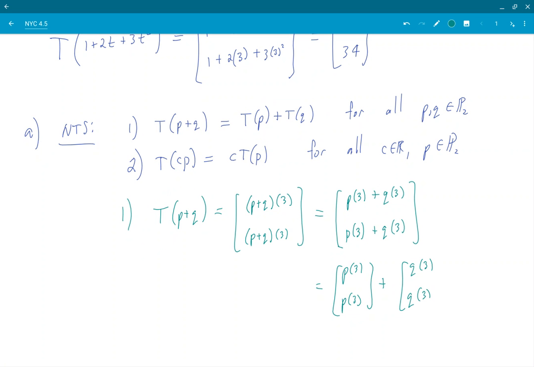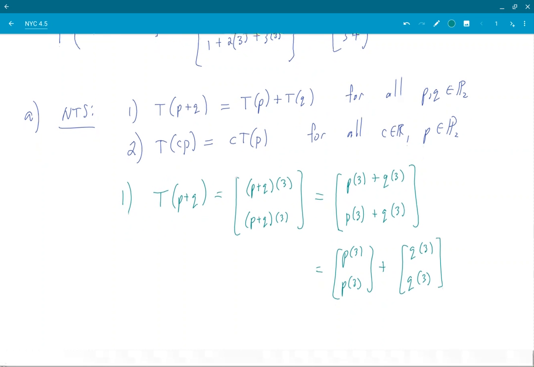Sometimes when you're stuck in a math problem or a math proof, you just need to focus on what you want, your hopes, your dreams, and then that will sometimes reveal the path. Okay, where was I? So this is exactly T of P, and this is T of Q. So happy, happy, joy, joy.